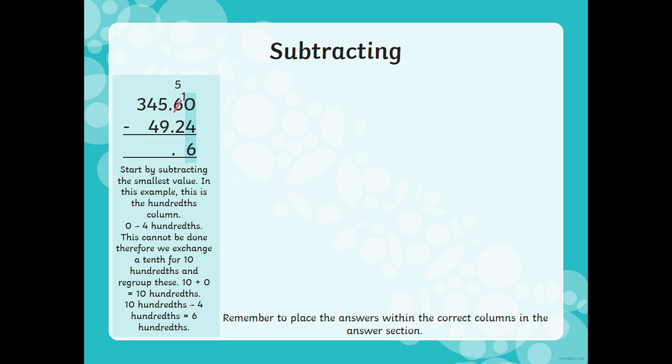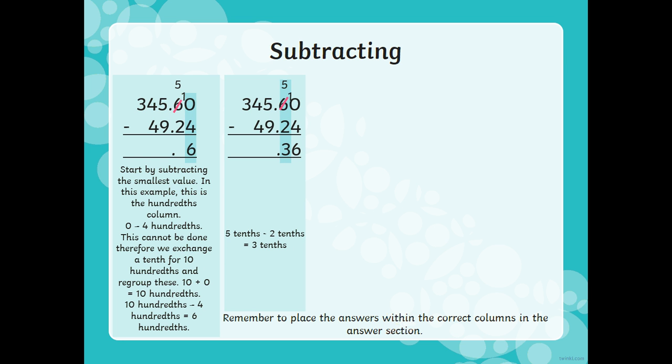This cannot be done. Therefore, we need to exchange a tenth for 10 hundredths and regroup these. So 10 add the 0 is then 10 hundredths. So we now have 10 hundredths subtract 4 hundredths equals 6 hundredths.